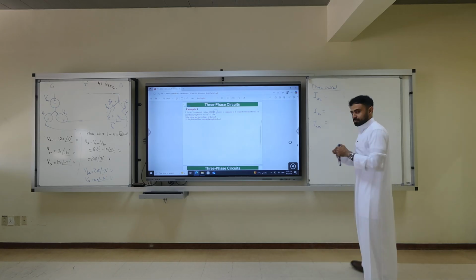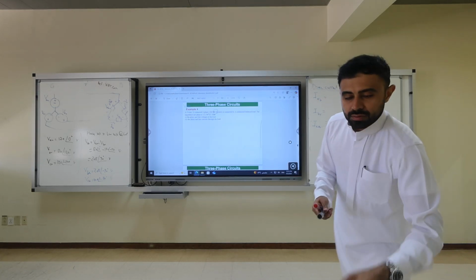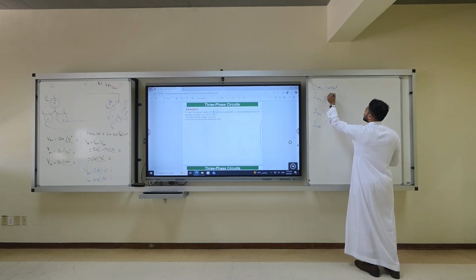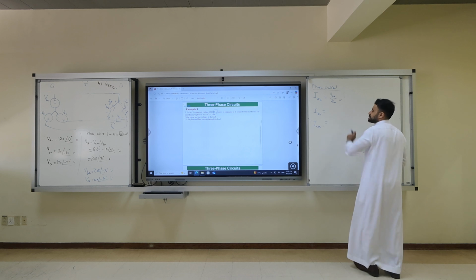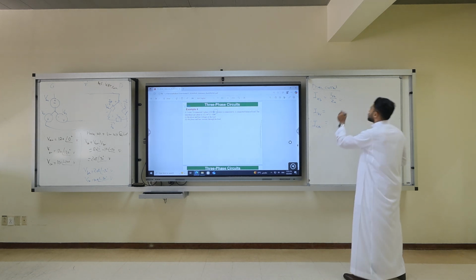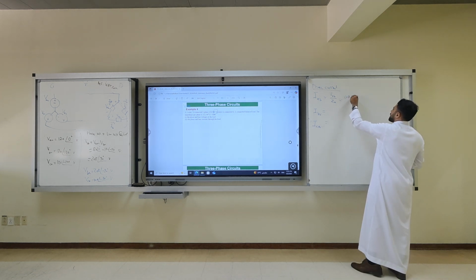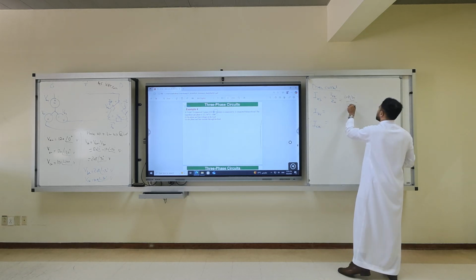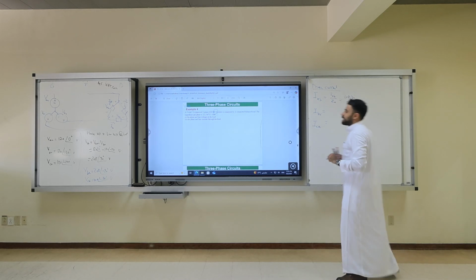Let me change the color. So what is IAB? It is VAB over ZA, which is going to be 208 angle 30 degrees divided by 12 angle 30.